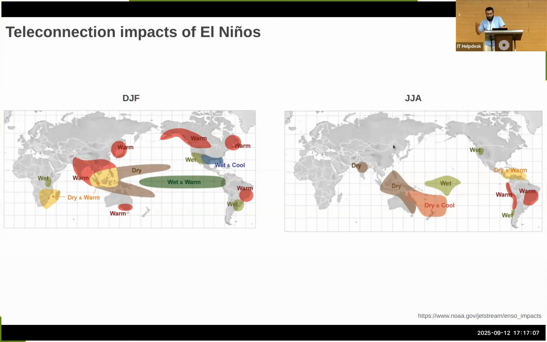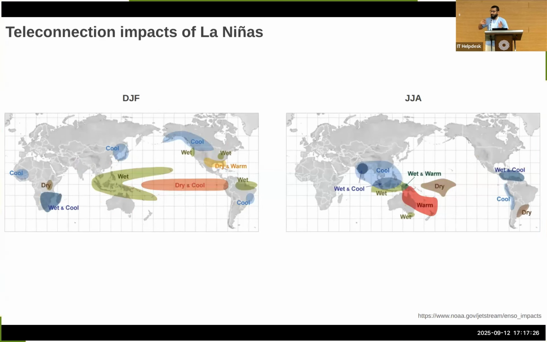And in the following summer, when you have El Nino-like conditions, then you have dry conditions over the Indian subcontinent, dry conditions over the maritime continent, over Australia, and so on, right? And for the La Nina, when you have abnormally cold temperatures, the opposite tends to happen. I mean, it's not literally an exact opposite, because the extent and the shape and the magnitude of the two, warming and the cooling, are not really symmetric.